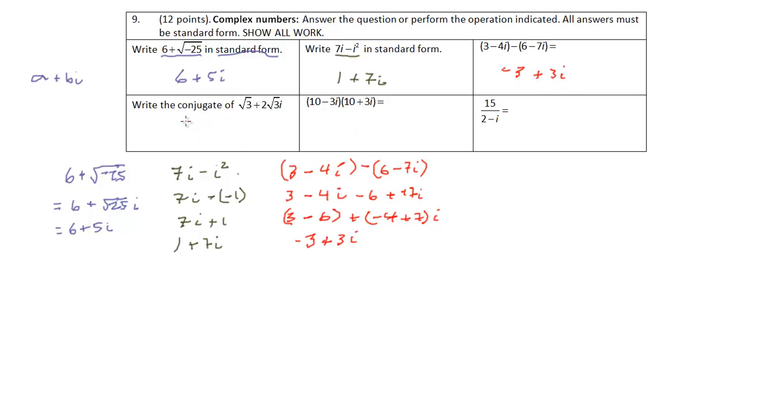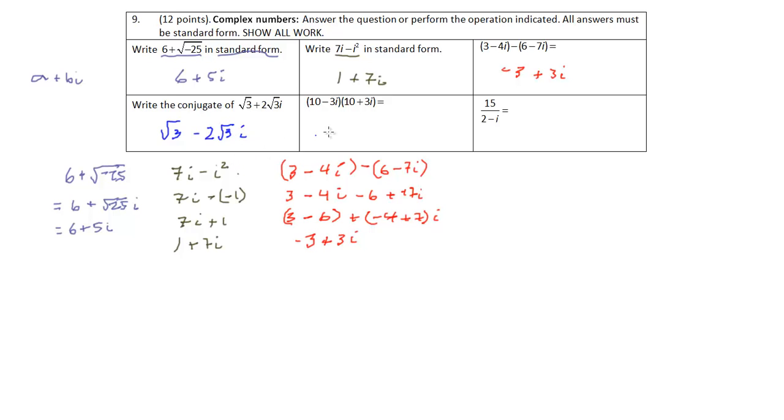A conjugate. Now a conjugate is just simply changing the sign of the complex part. That is just square root of 3 minus 2 square root of 3i.